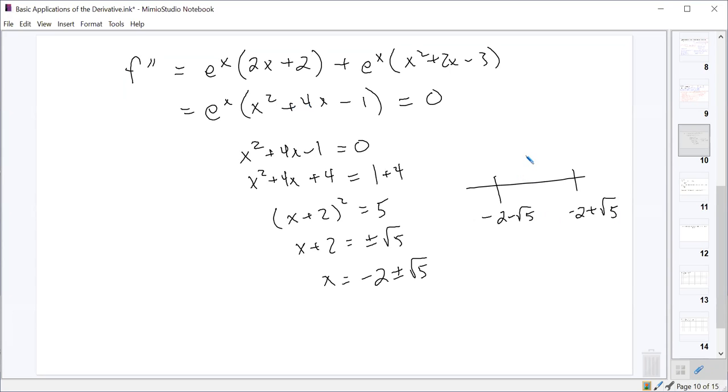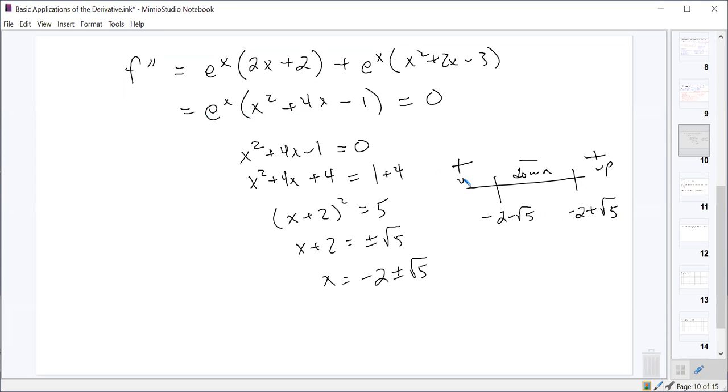If you plug in 0, though, you get a negative in there, which means you're concave down. Plug in something greater than this, like a million, and you're going to get a positive and a positive. Concave up. And plug in something like negative a million, you're going to get a positive, and then this will equal out to be a positive also.